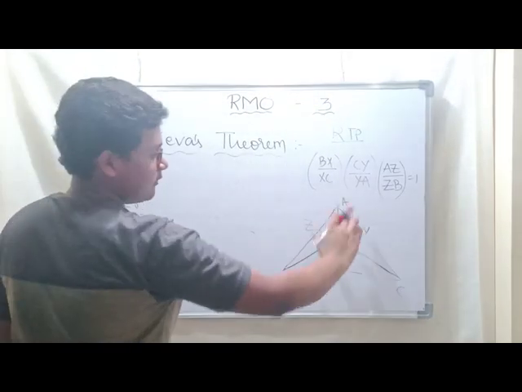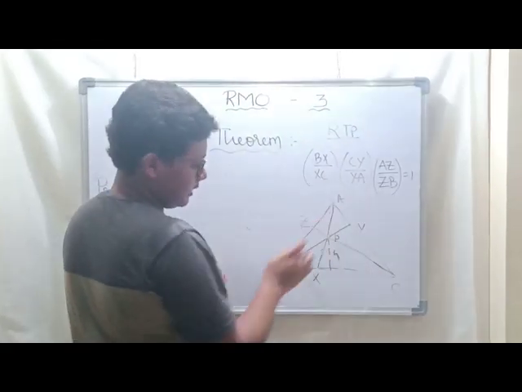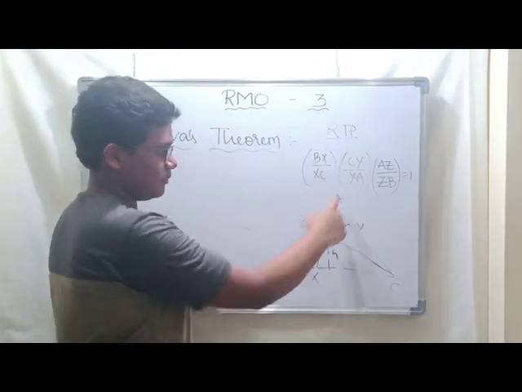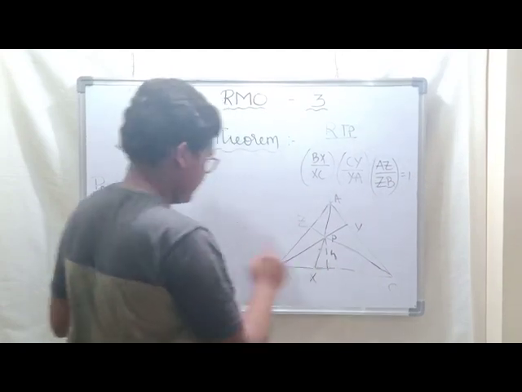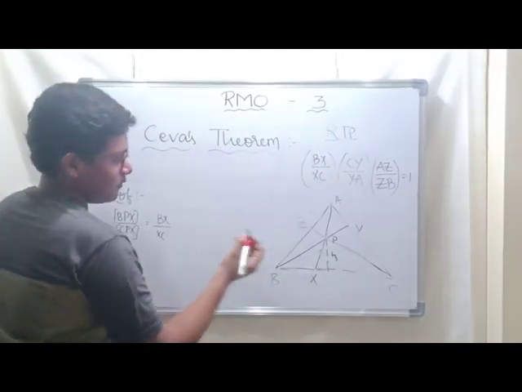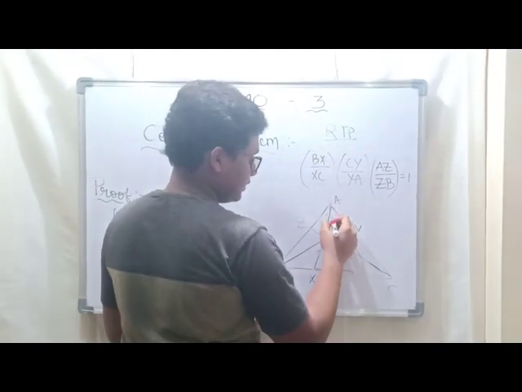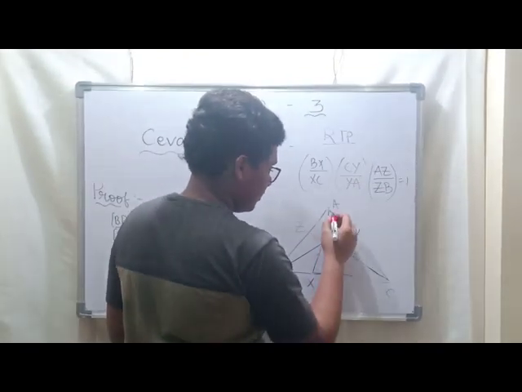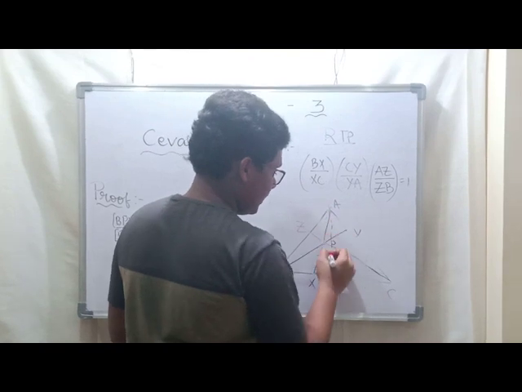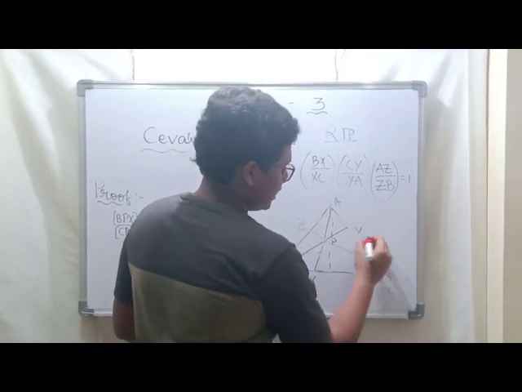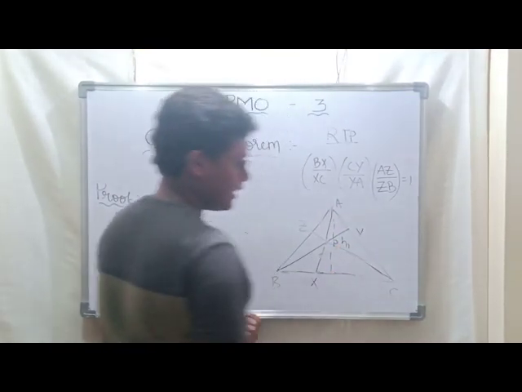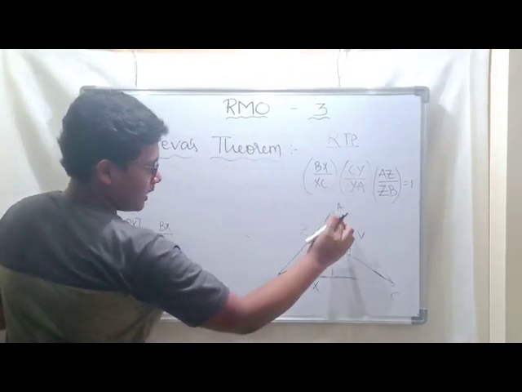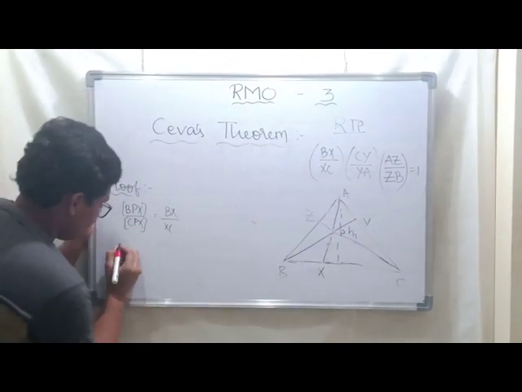Now we will take these two triangles, ABX by ACX. For this one, we will take a height H1.